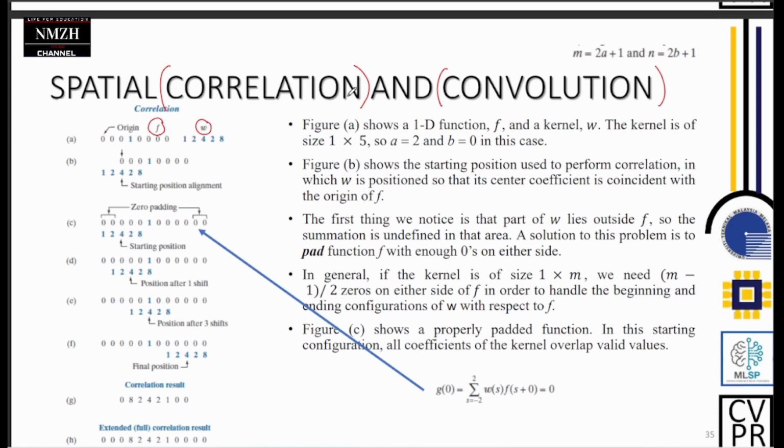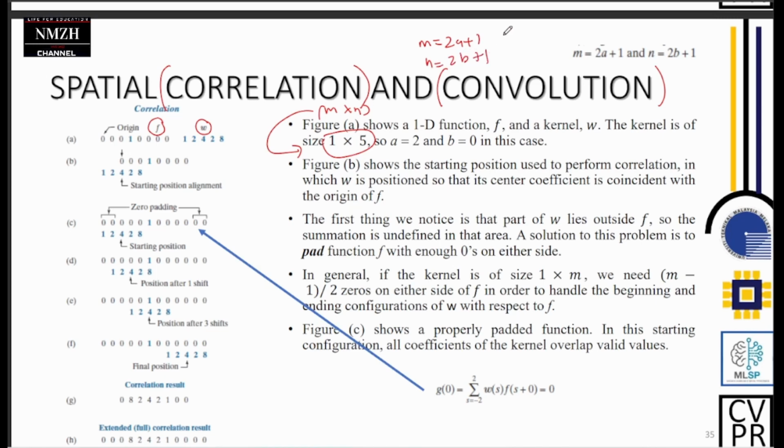So the thing that has been given to us as a kernel right here is 1 times 5, whereby the M times N reflects the size of the kernel, where M is 2A plus 1 and N is 2B plus 1.